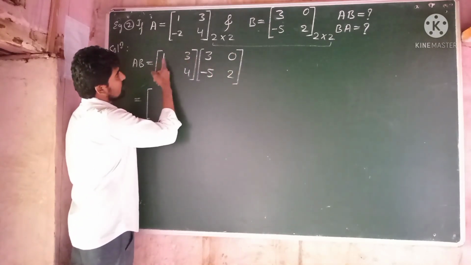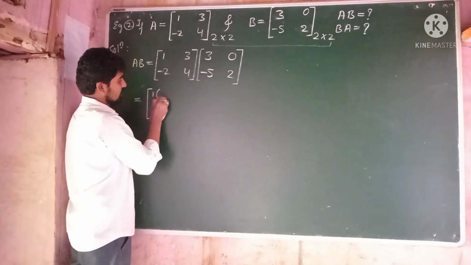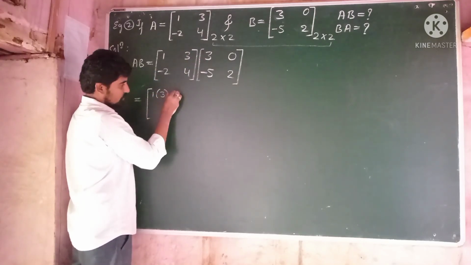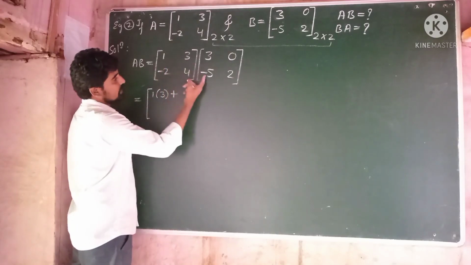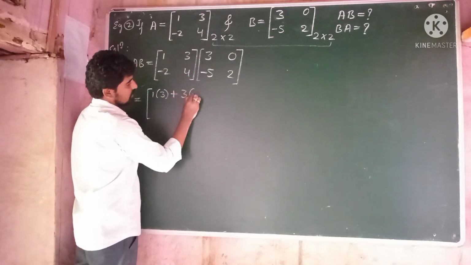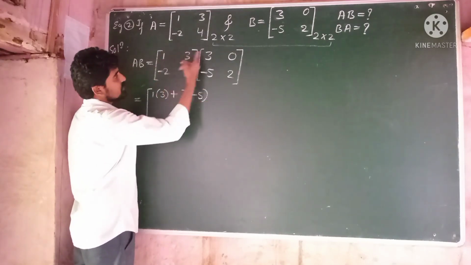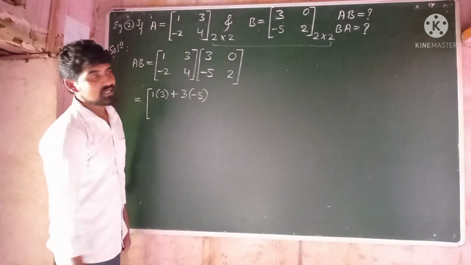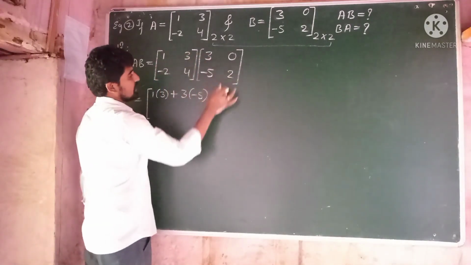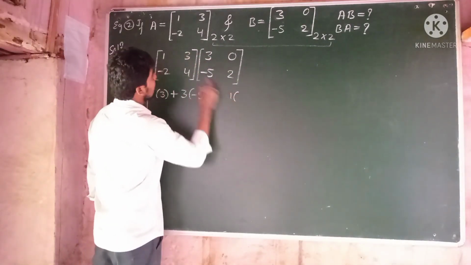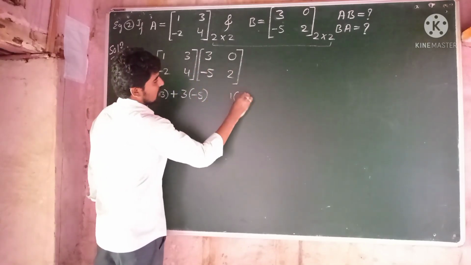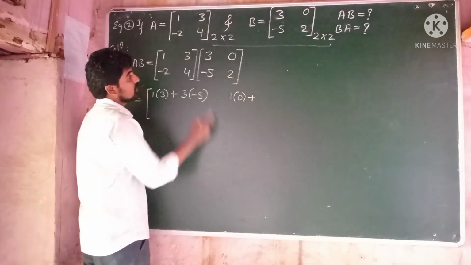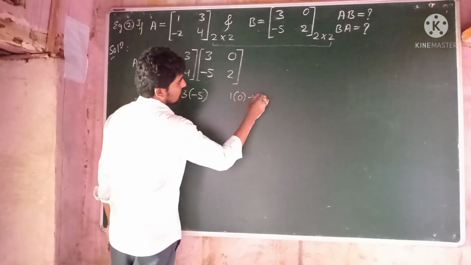First row first column: 1 into 3, plus 3 into minus 5. So first row first column is completed, and then first row second column: 1 into 0, plus 3 into 2.